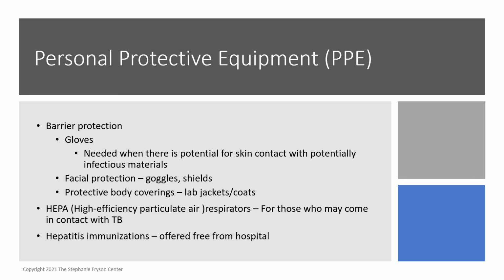Hepatitis immunization has to be offered free from the hospital for everyone, and that is because hepatitis infections are common in the hospital, and most hospitals will not employ you if you are not able to get that immunization, which is a series of 3 shots.